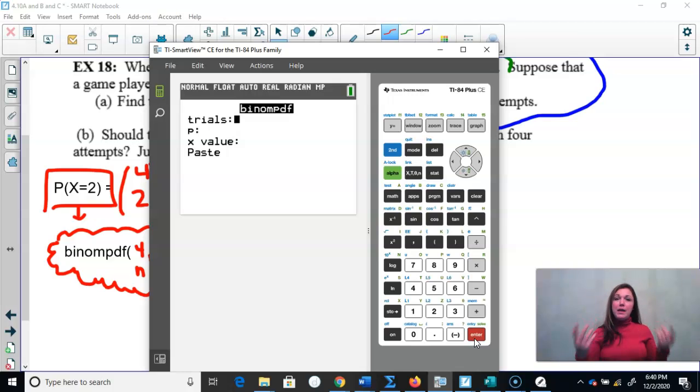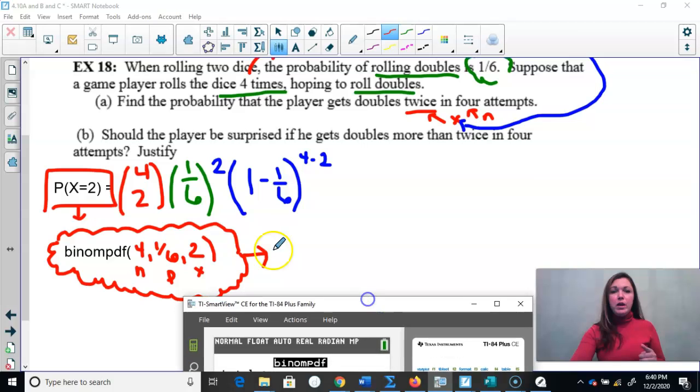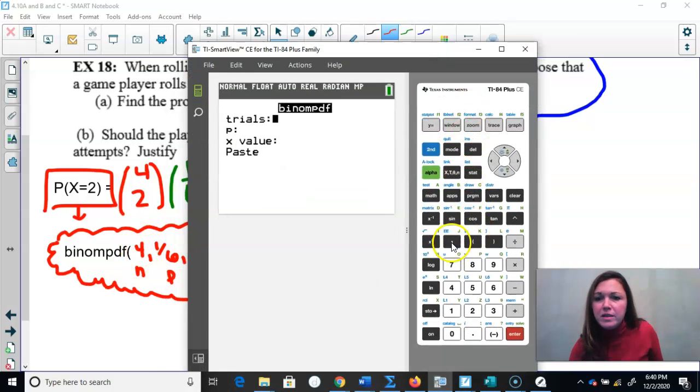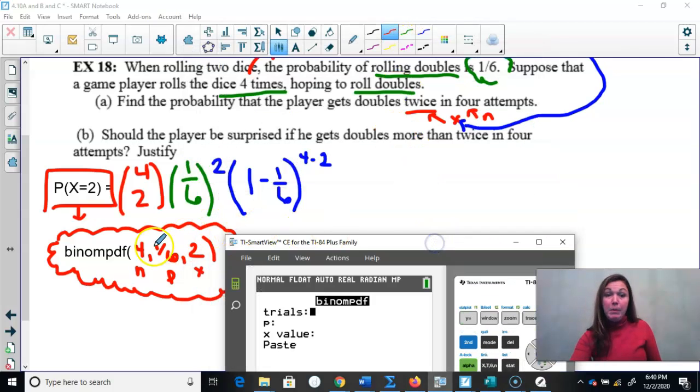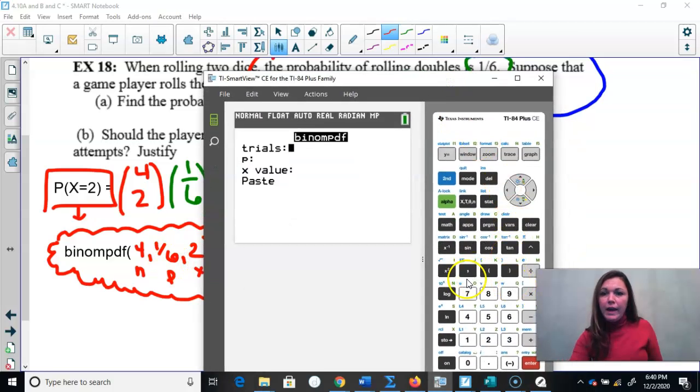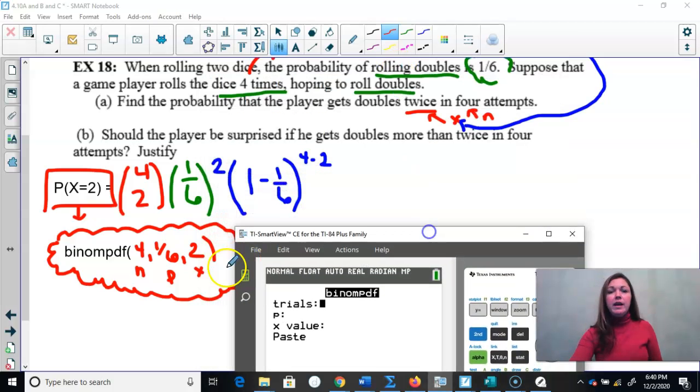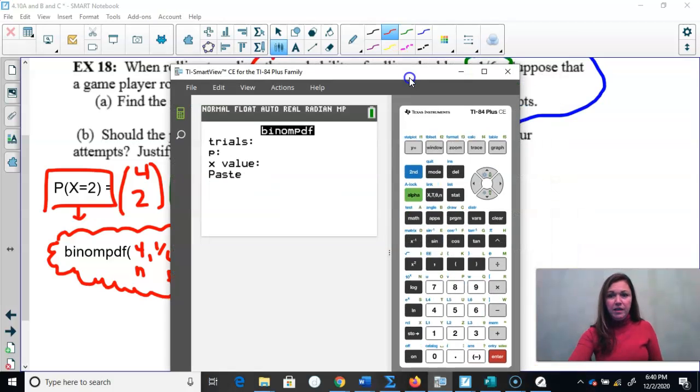Now, if you have the old calculator, you're not going to see this. So what you're going to have to do is hit the number 4. Then there's a comma button right here. Then you're going to put 1/6, the 1 divided by 6. Again, there's a comma button right here. And then you're going to hit 2 and close the parentheses.